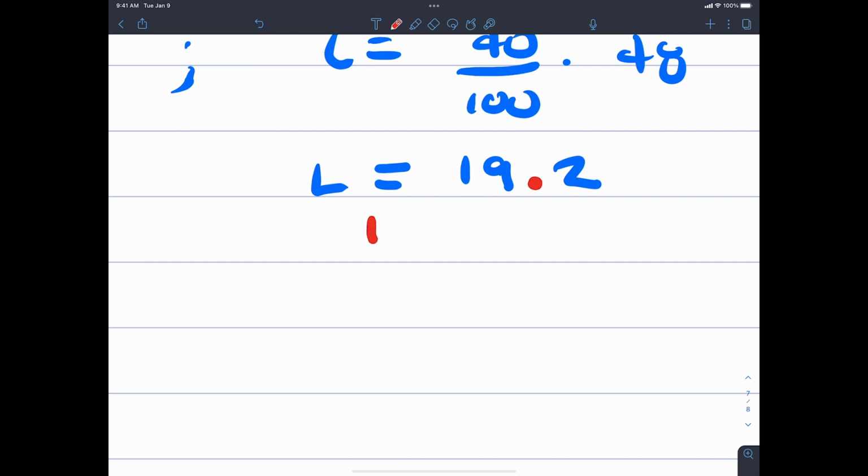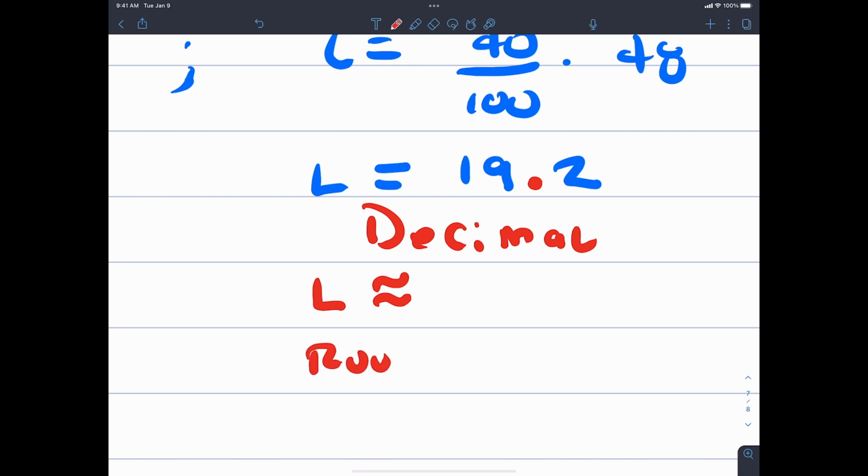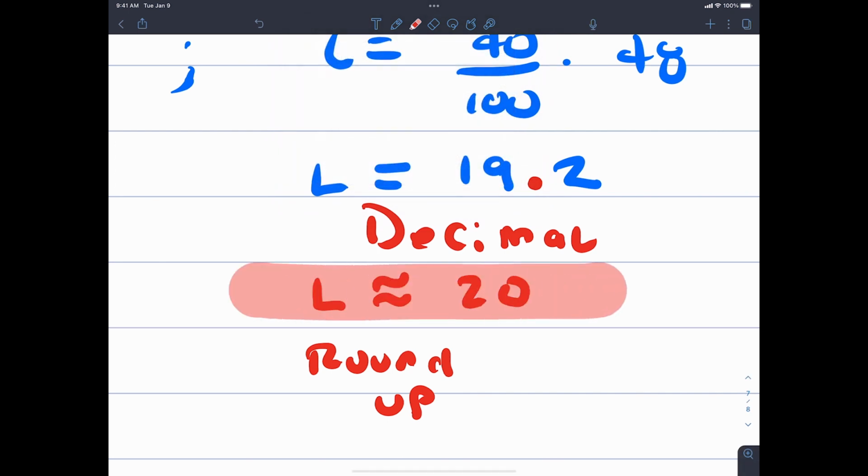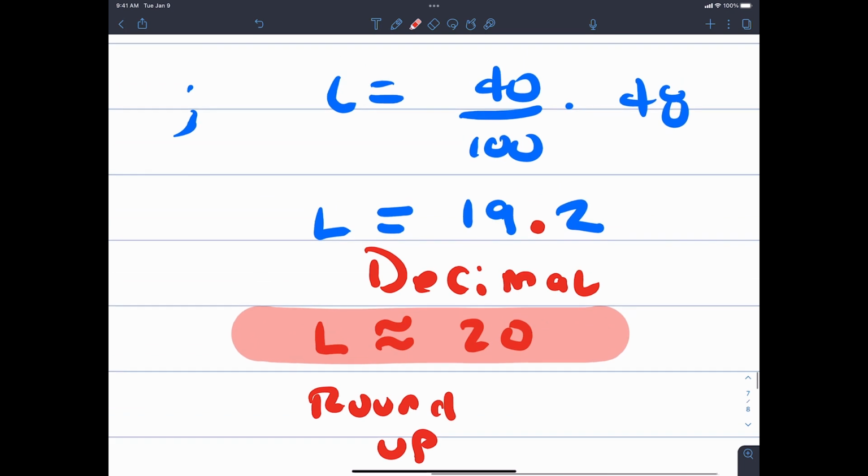Now, what do you think I'm going to say here? This is a decimal. Good. When it's a decimal, you round up to the next whole number. What's the next whole number after 19? 20. This is your locator. You guys okay with that?